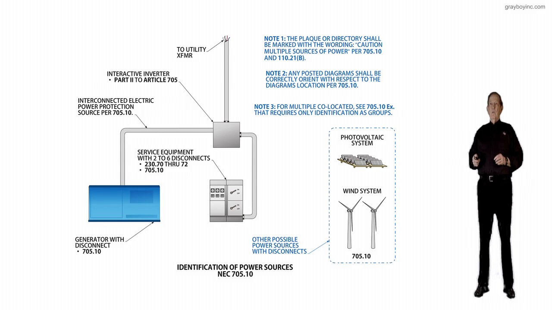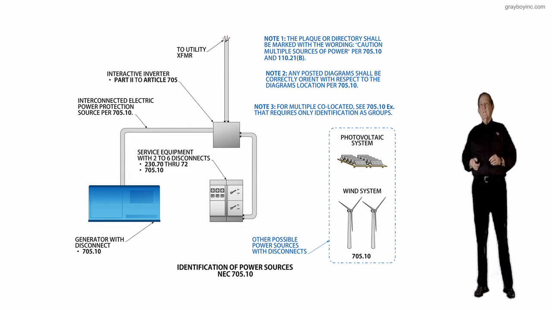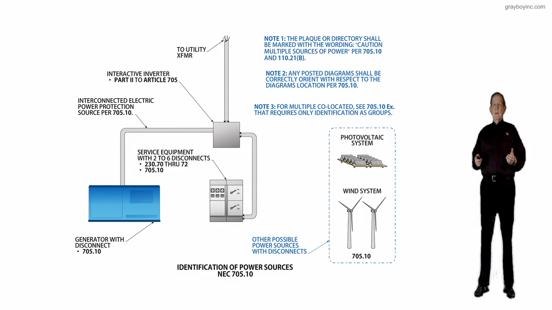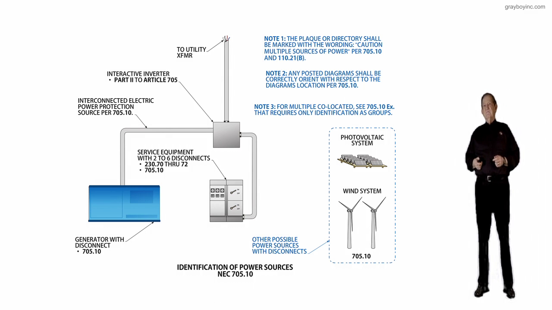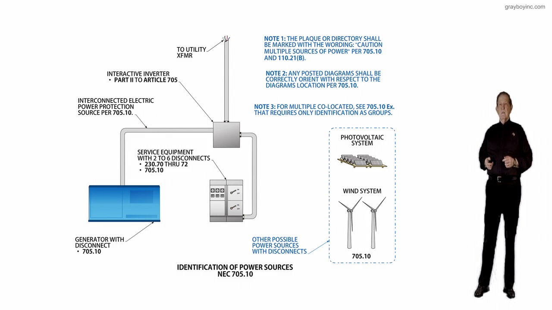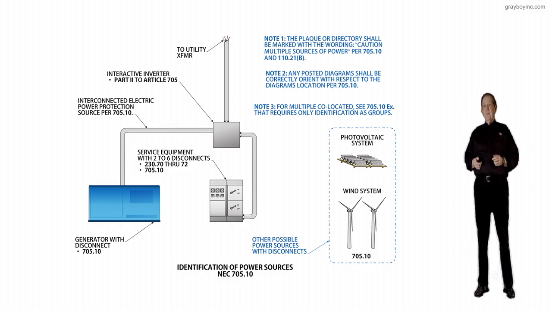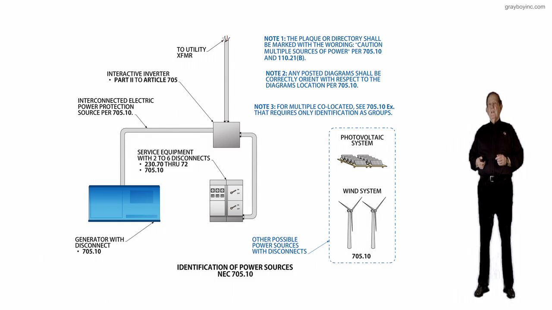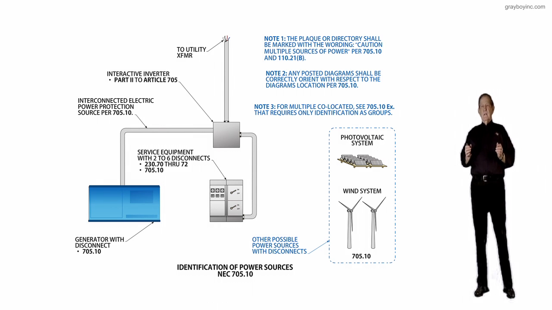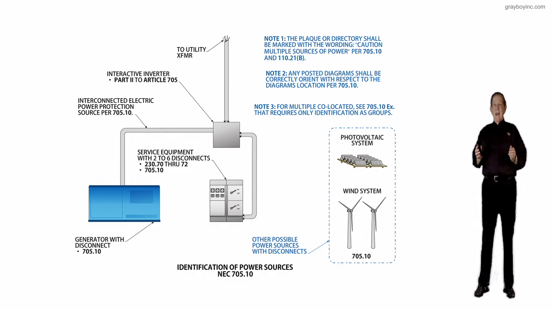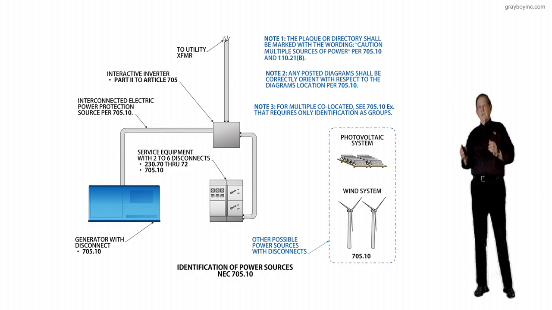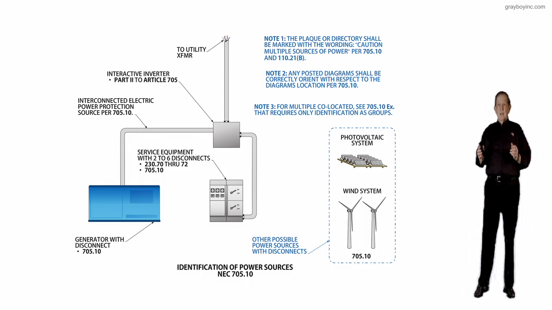You may have wind systems. 705.10 says this is more than just one system, it's a group. And you may even have batteries in Article 480. You may have fuel cell systems, 692. The main thing, you would need your other possible power sources with disconnects, and on those disconnect covers you would have a plaque identifying where these power sources are that are in addition to the utility power sources.